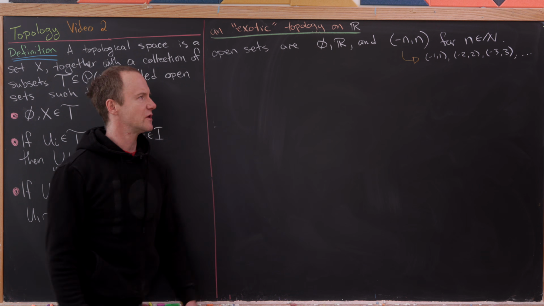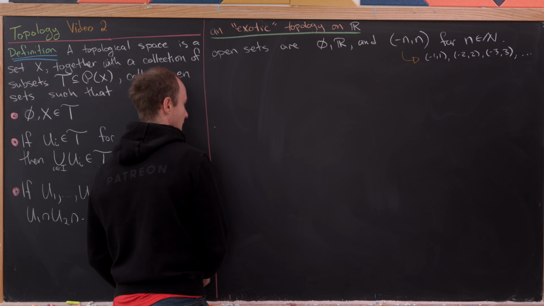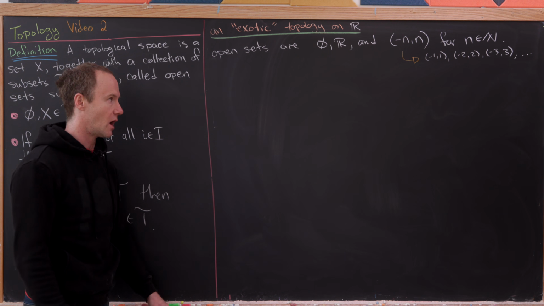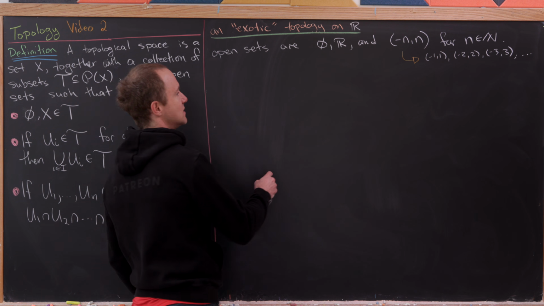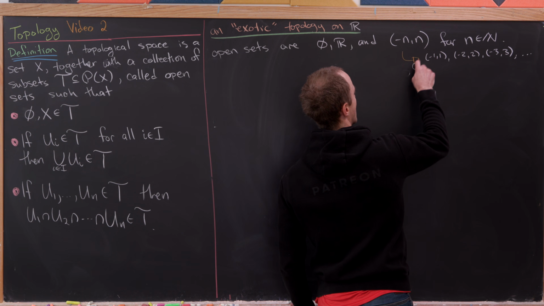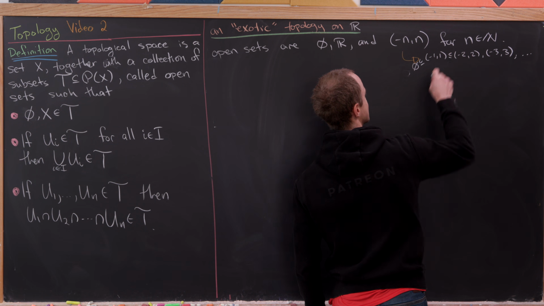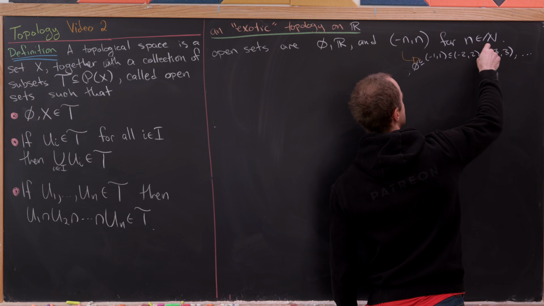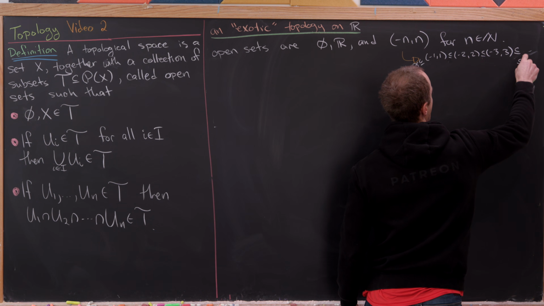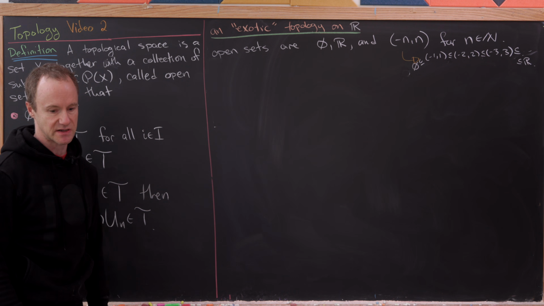Let's observe that all of those open sets are in fact nested inside of each other. And in fact, we could put some sort of total ordering on these open sets. Notice that we would have the empty set over on one side that's contained in the set -1 to 1, which is contained in -2 to 2, which is contained in -3 to 3, and so on and so forth, and they are all contained in R. That's kind of neither here nor there, but I think that's interesting.